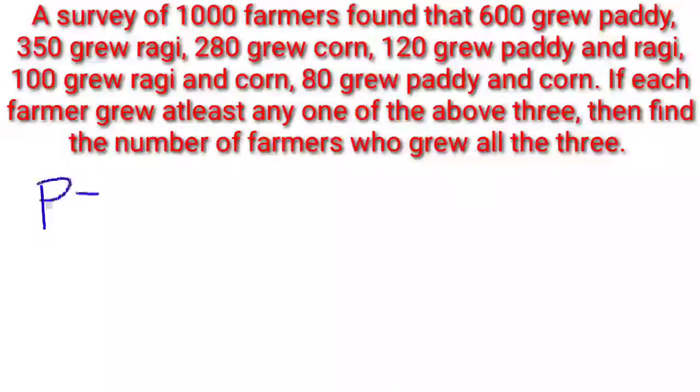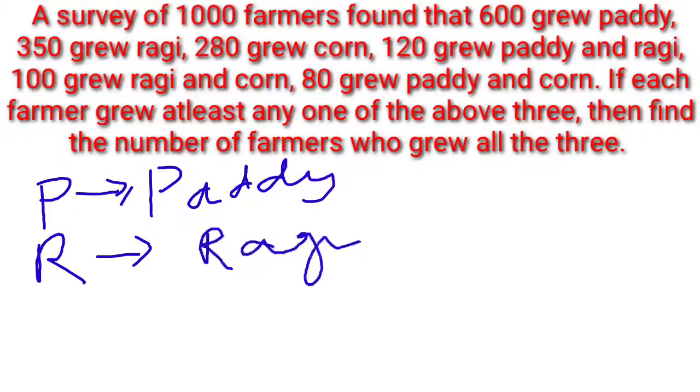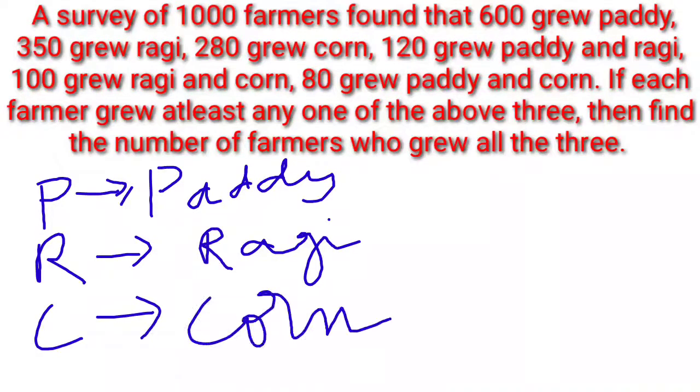So first we have to assume the farmers who grew paddy as P, ragi as R, and corn as C. Then from the question we have to take the given values.